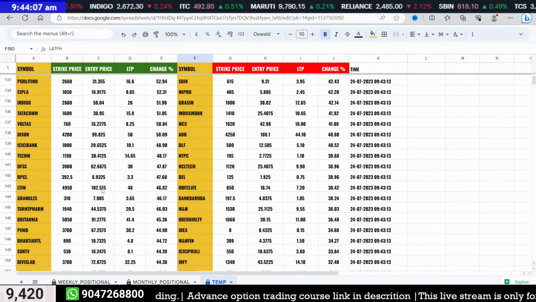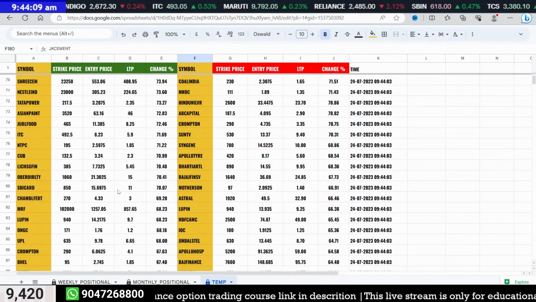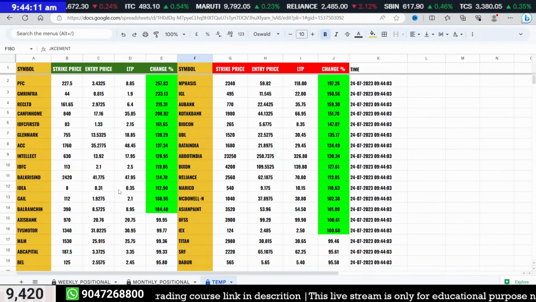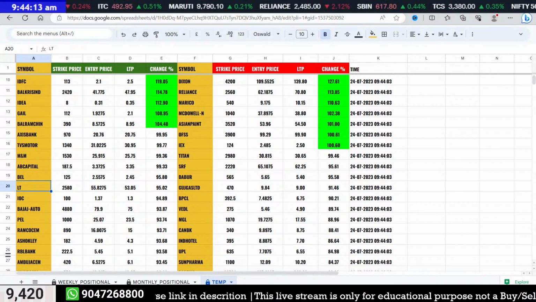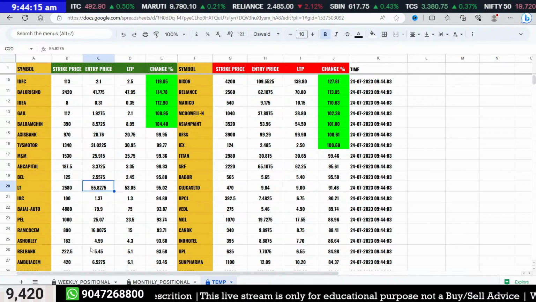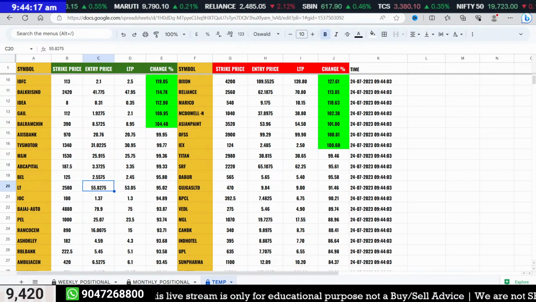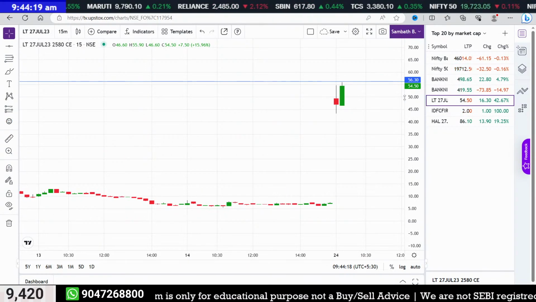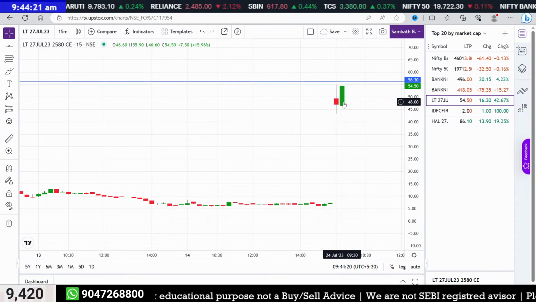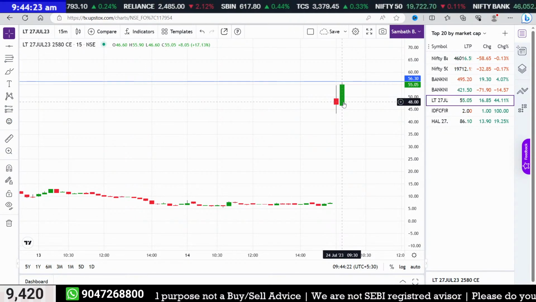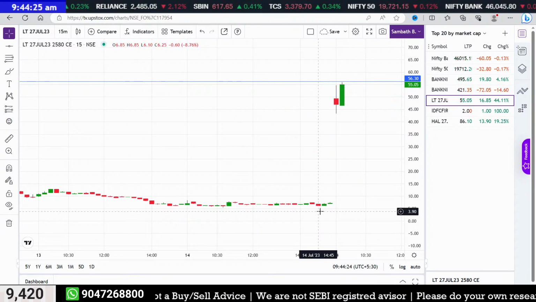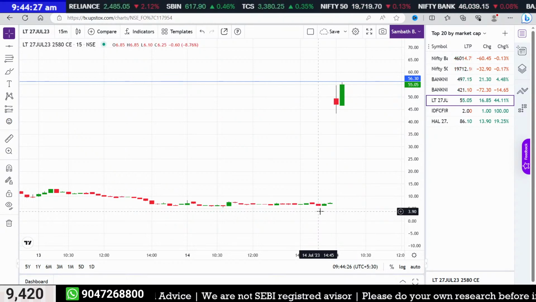I mean, we are checking for 56, and where it is, that's the thing. Yeah, LT, 55.8, that means 56, and it approximately triggered 56. Today's high is around 55.9, maybe 56. We can track that for a quick intraday.